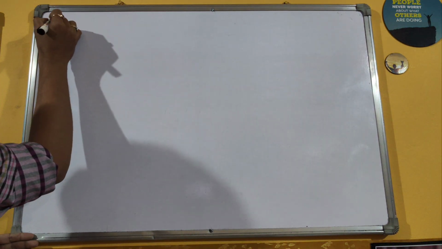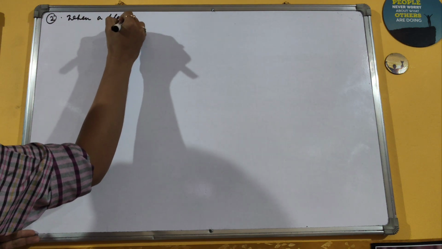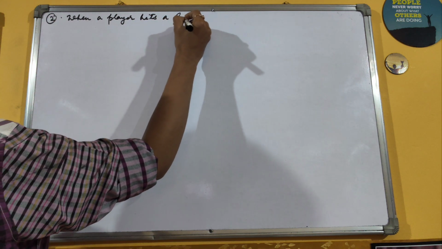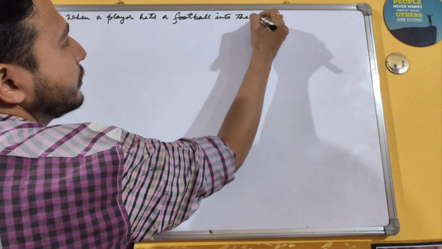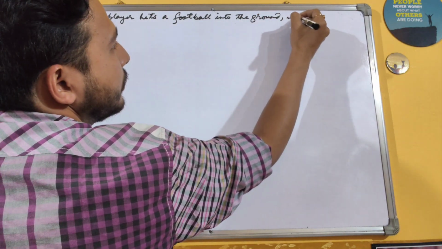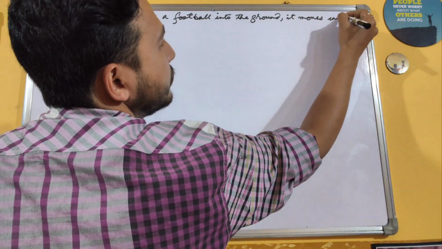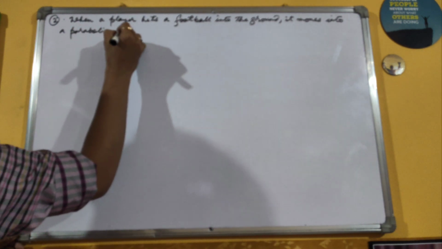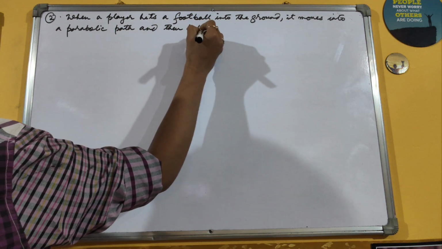Okay, now let's move on to the next question. Question 2. When a player hits a football into the ground, it moves into a parabolic path and then hits the ground.